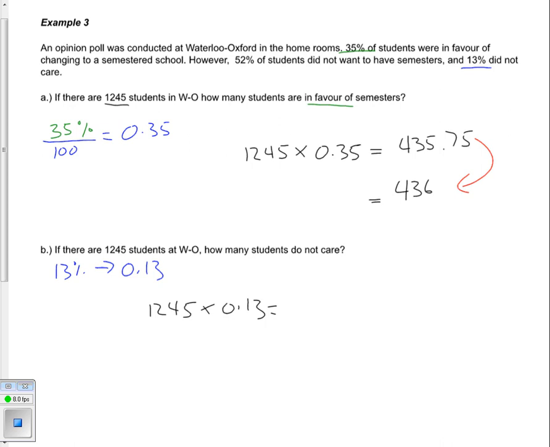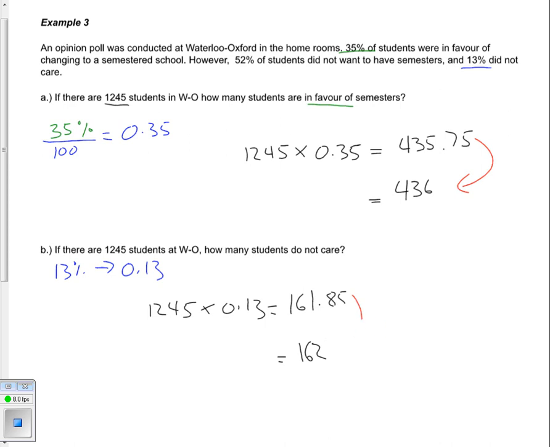That's going to give us 161.85. But again, you can't have 0.85 of a person, so we're going to round up to the nearest whole number, which gives us 162.